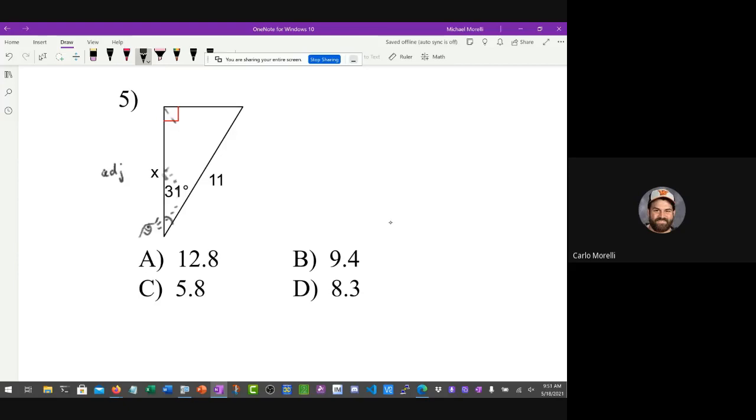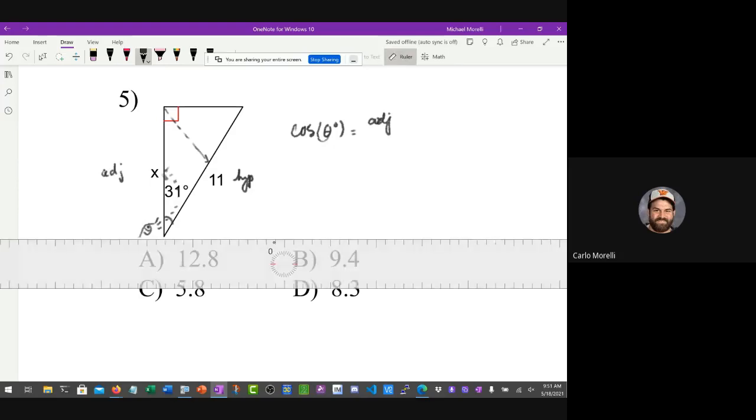And from the perspective of the right angle, 11 is the hypotenuse. So we have the adjacent and the hypotenuse. The cosine function, cosine of some angle, is equal to the adjacent side over the hypotenuse.